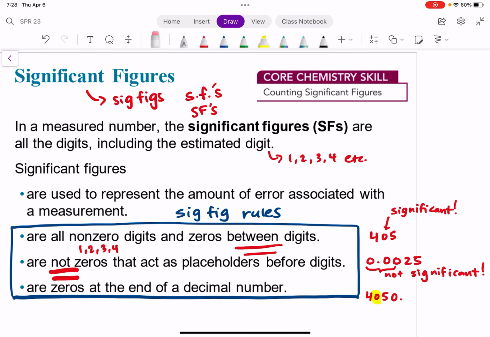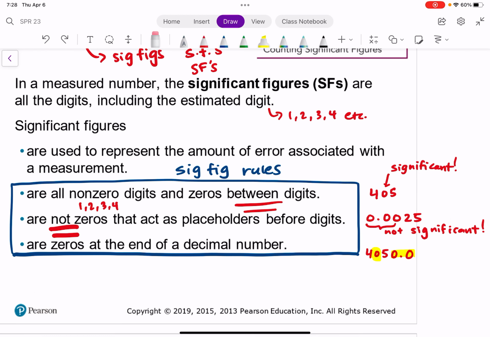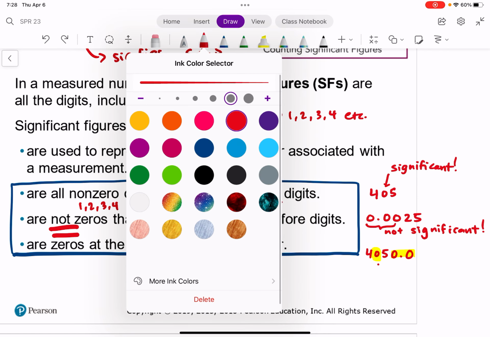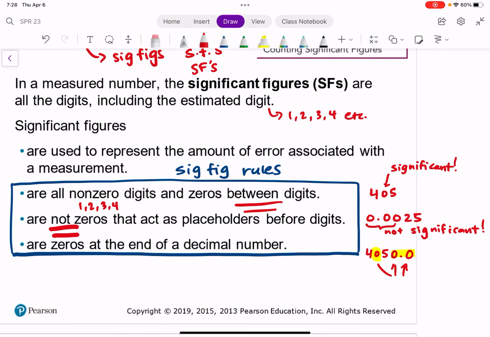And we'll talk about that in more depth in a minute. So let's just make a note on these that they are significant. All right, I know this is a lot. It gets more intuitive as you do it more often.